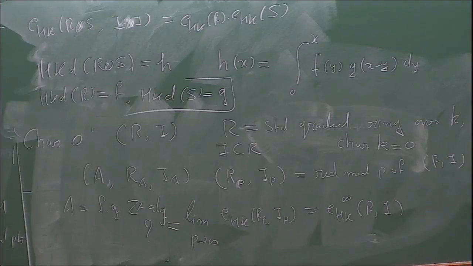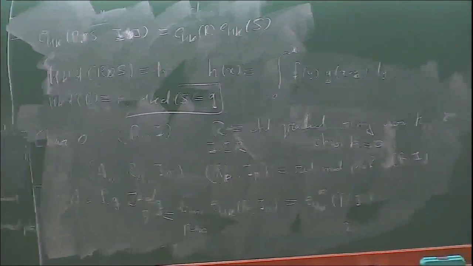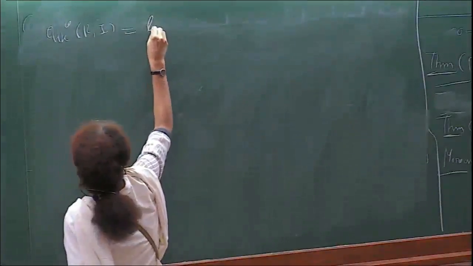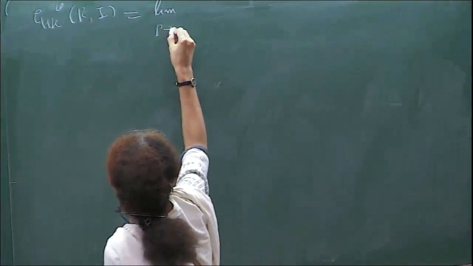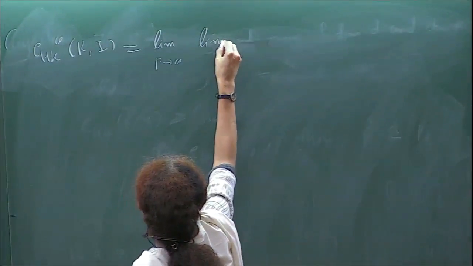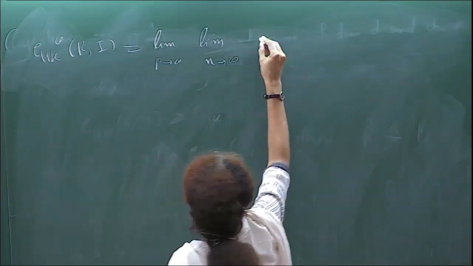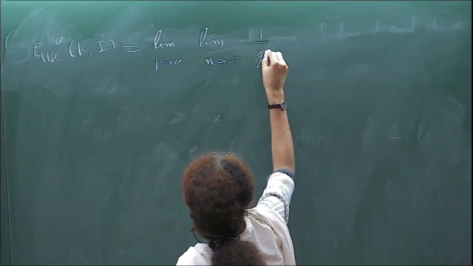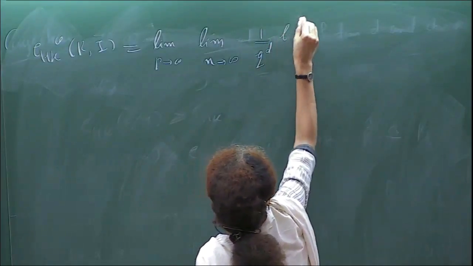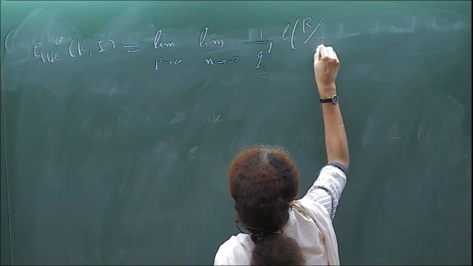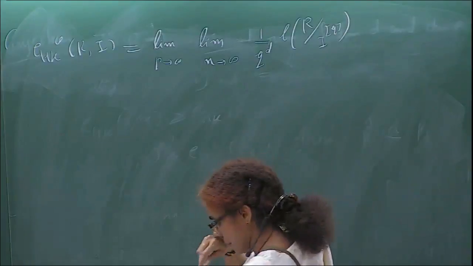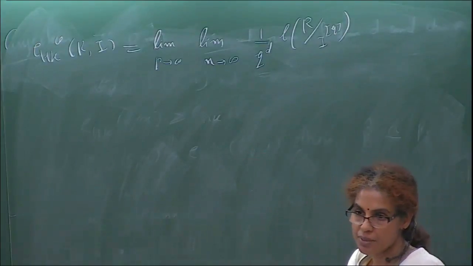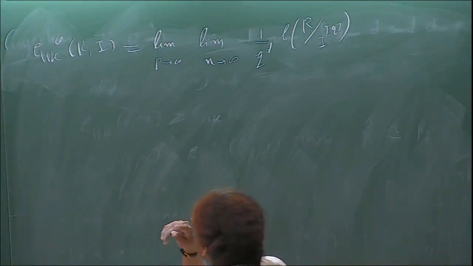But what does this limit involve? Beware, I'm not saying it exists, but strictly speaking it involves two limits. This is your p tends to infinity, and you are taking the limit as n tends to infinity of 1 upon q^d times the length of R mod I to the power q. You have to deal with two limits at once. So this is a problem.